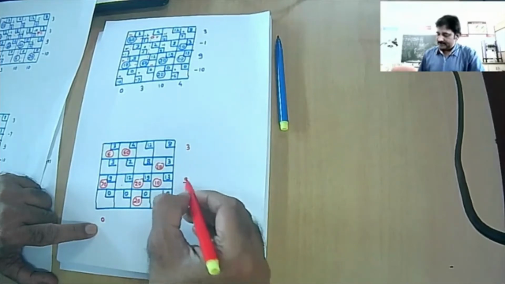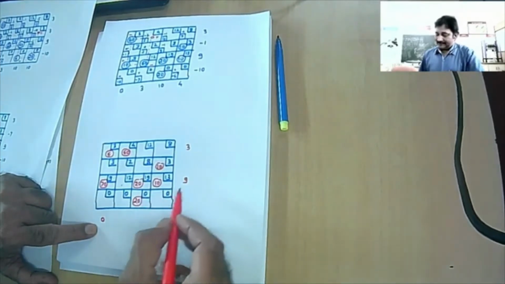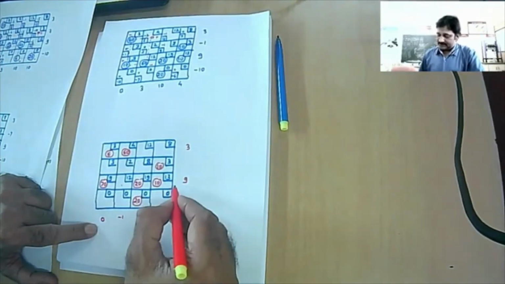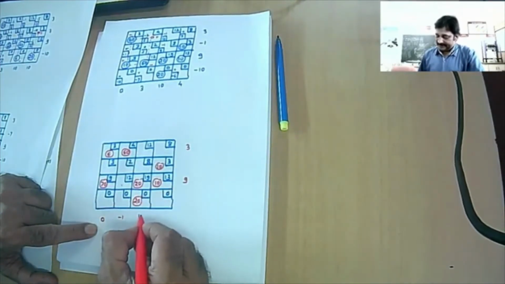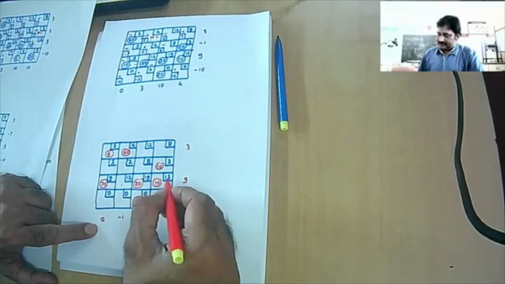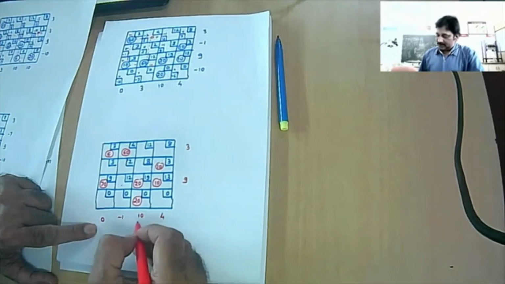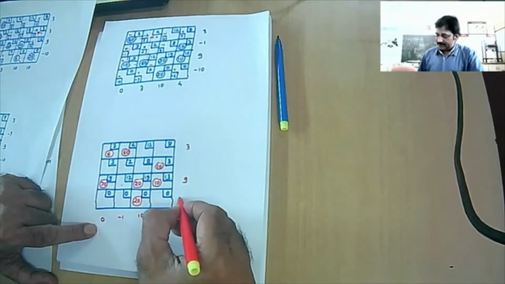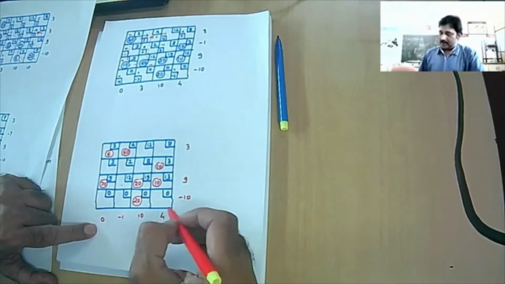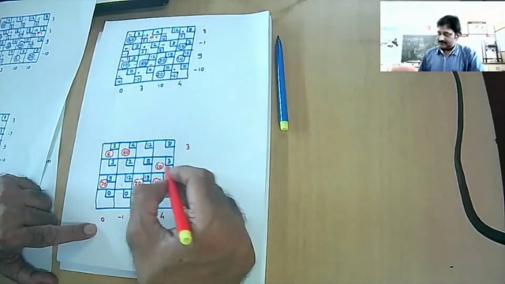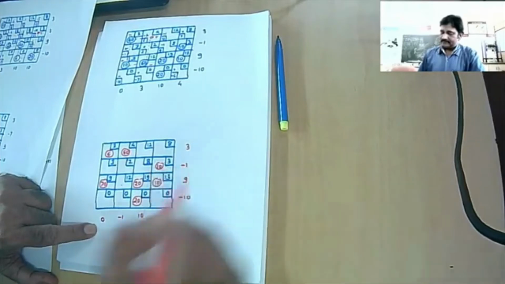Here I am doing this much directly. From this, 4 minus 3, I get minus 1. Then with this I get 10 here, 19 minus 19, and 13 minus 9, 4. I have got all the column numbers. From this I will be getting minus 10, and from this, the last one, 3 minus 4, minus 1.